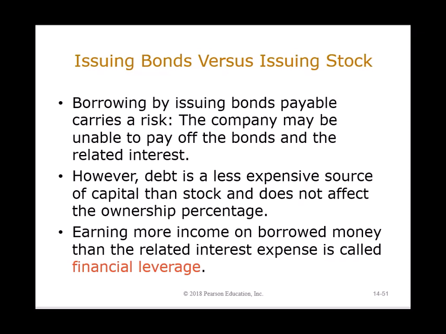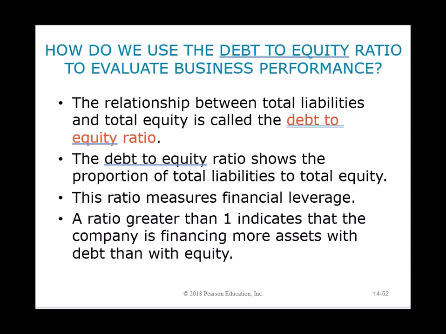Also, if management believes that they can earn a greater return through operations compared with the amount of interest they're paying on those bonds, then it may be worth it to have that debt. If they can basically earn a return that is greater than what they are paying, then it may be worth it to them. All right. So one measure that we may use to evaluate a company's solvency and especially evaluate their relationship between debt and equity is the debt to equity ratio.